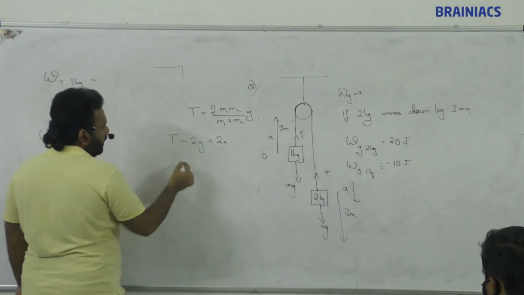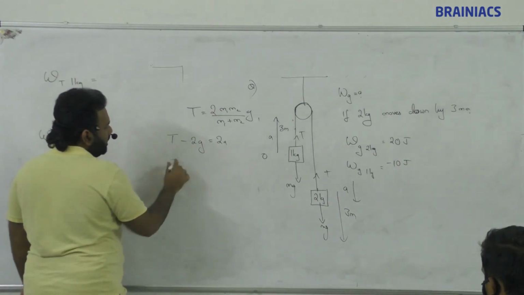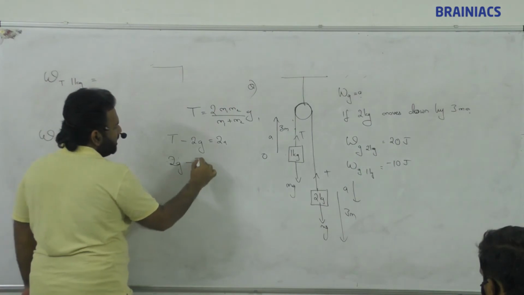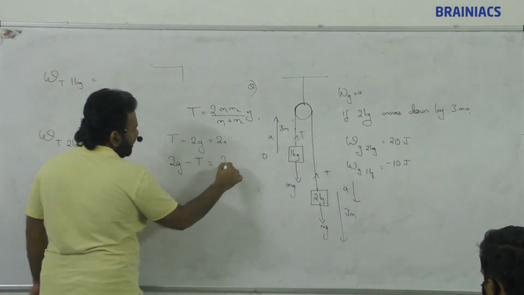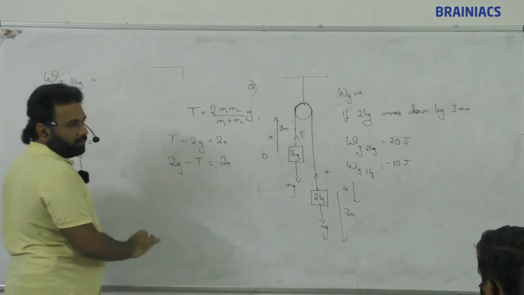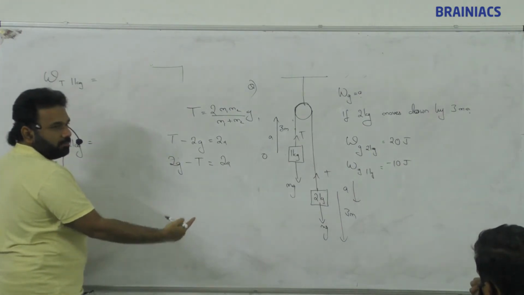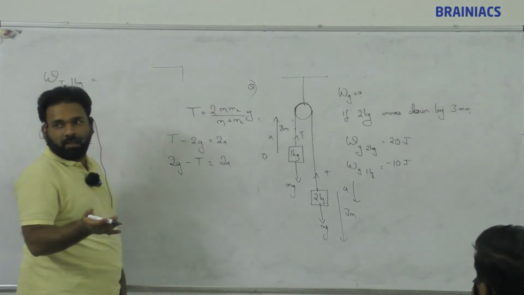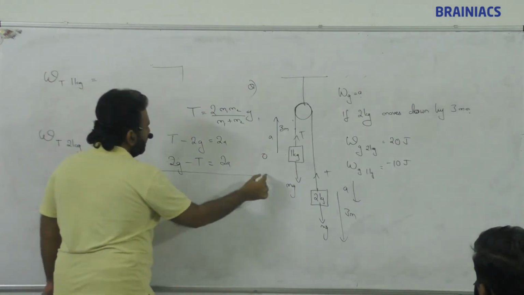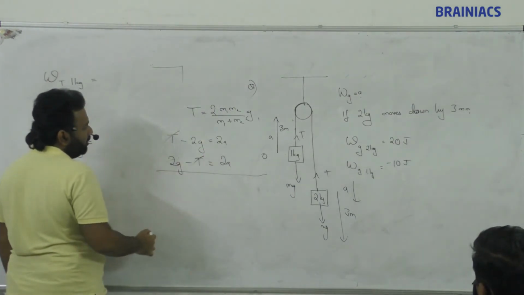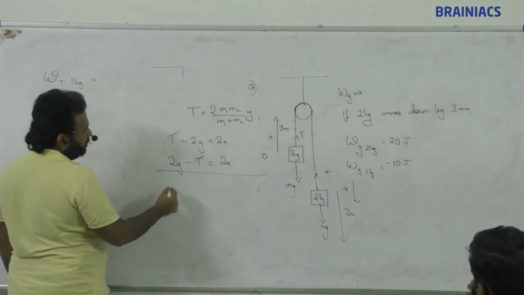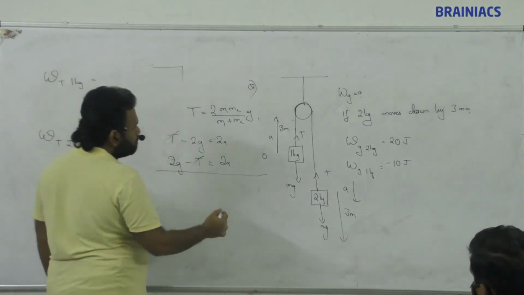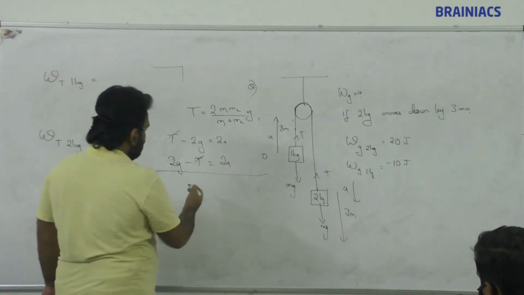That side, 2g minus T is equal to 2a. In which direction acceleration? That force will be more. So if we add them, this T will be cancelled off.